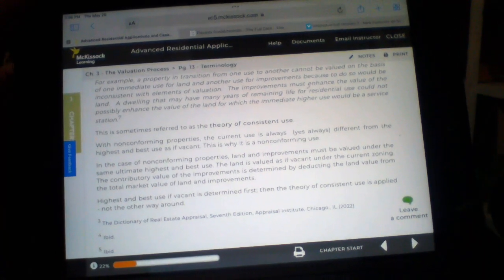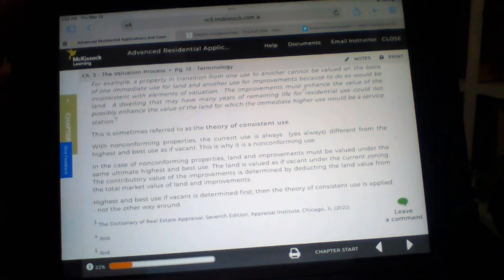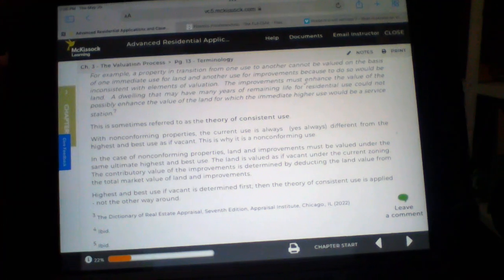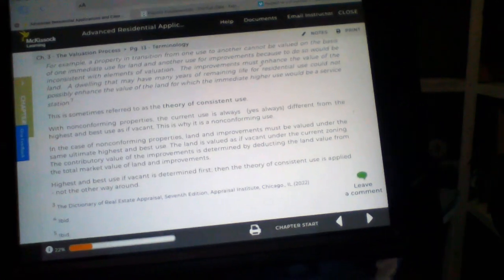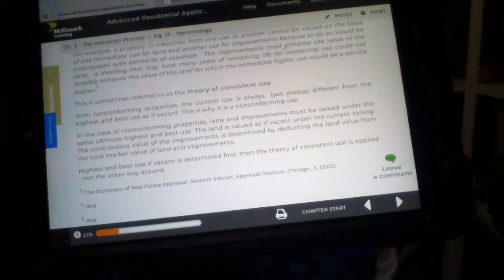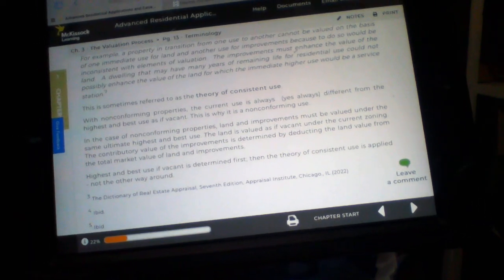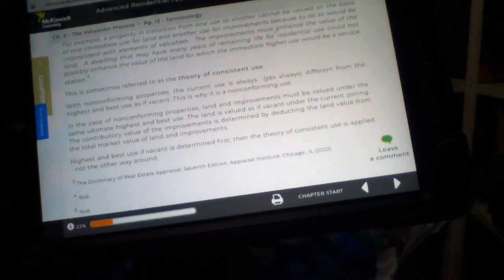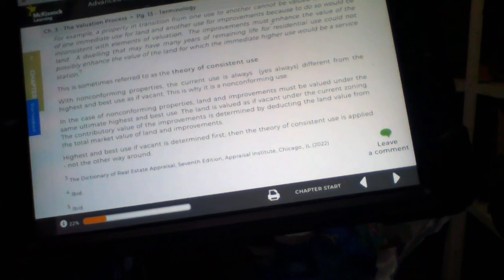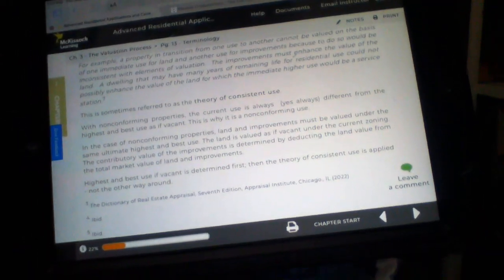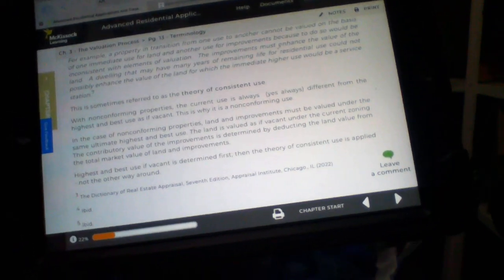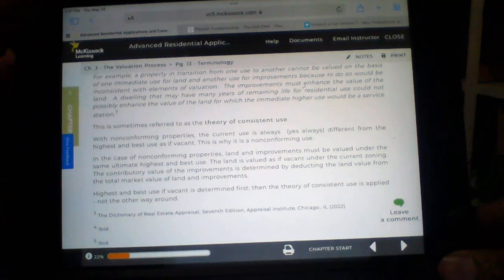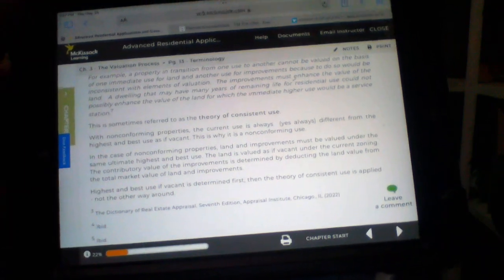The improvements must enhance the value of the land. A dwelling that may have many years of remaining life for residential use could not possibly enhance the value of the land for which the immediate higher use would be a service station.